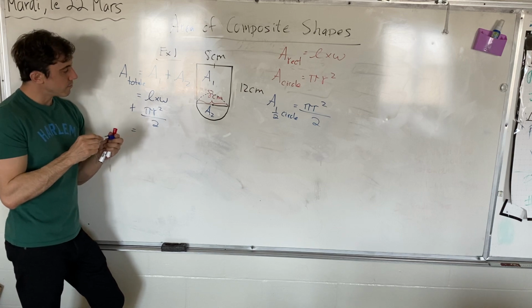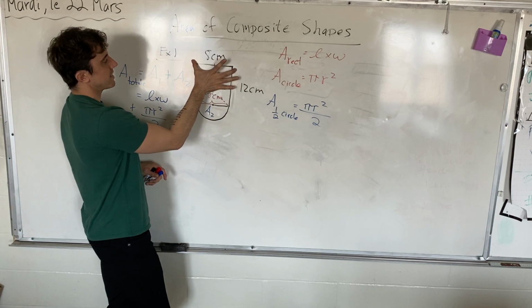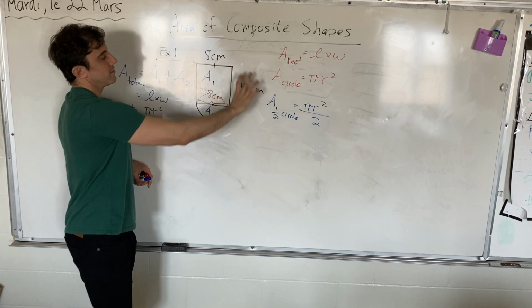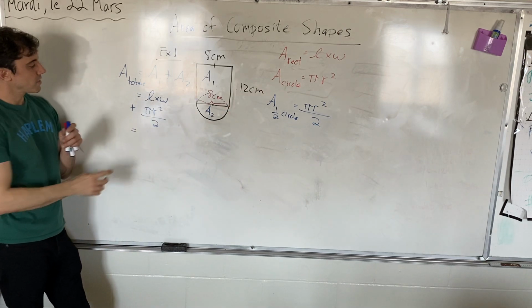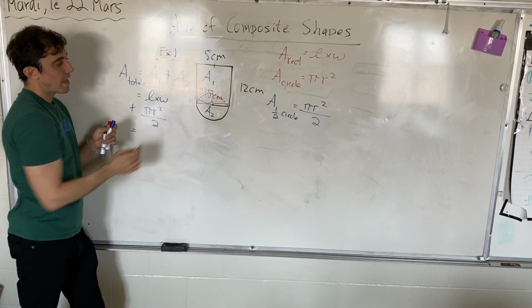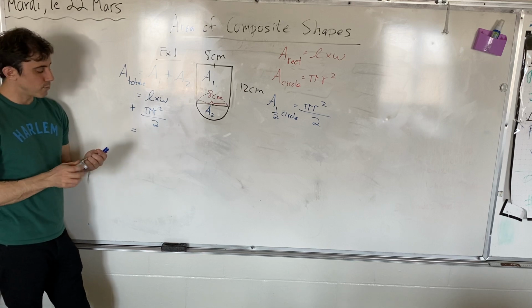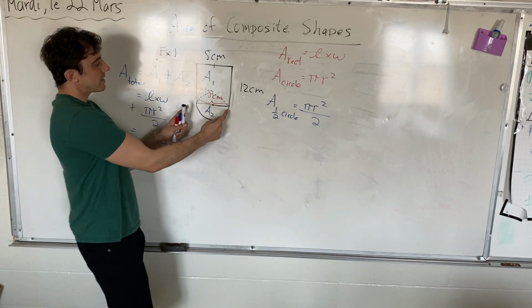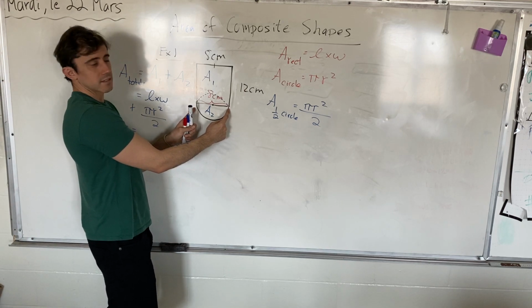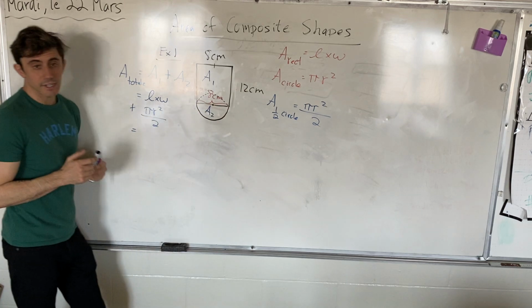And so now, the length of the rectangle is 8 centimeters, while the width is a full 12 centimeters. And the radius of the circle we have not exactly pinpointed yet. We're given the distance across the circle being 8 centimeters.